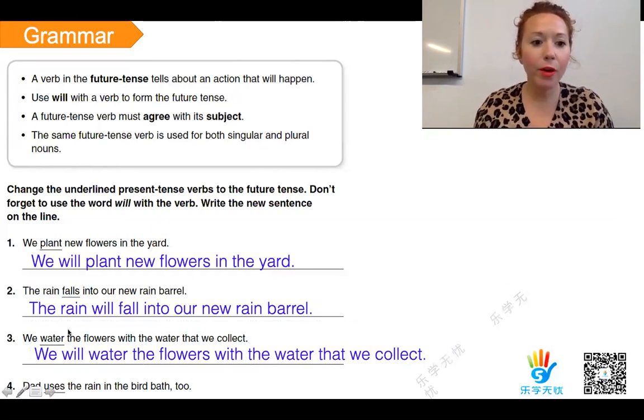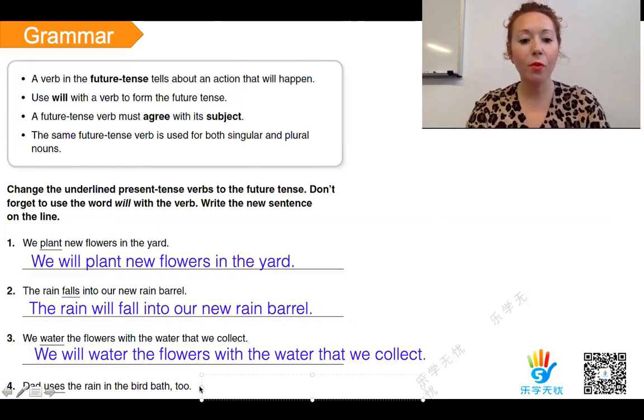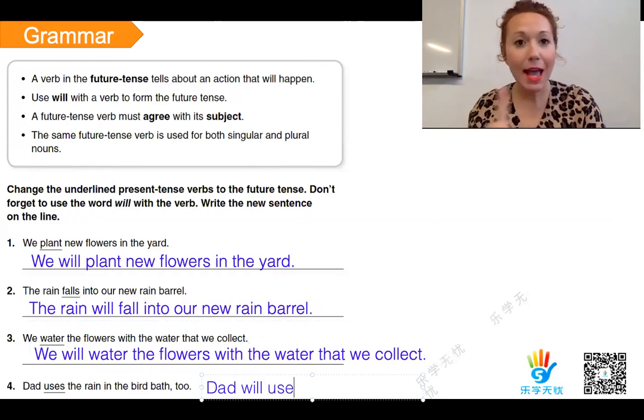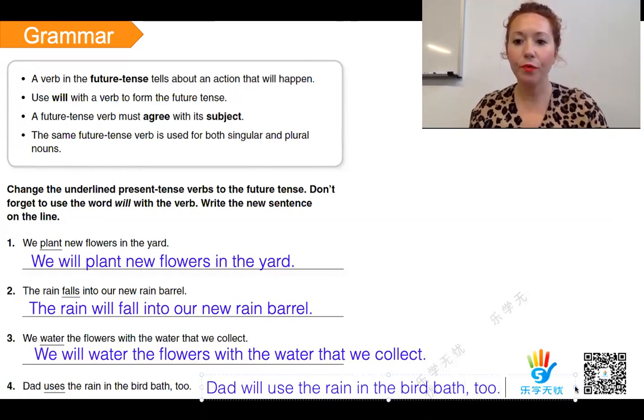And number 4, Dad uses the rain in the bird bath too. Now this one, again, we have to be careful. We say, Dad will use. No S because S means present tense. Dad will use the rain in the bird bath too.